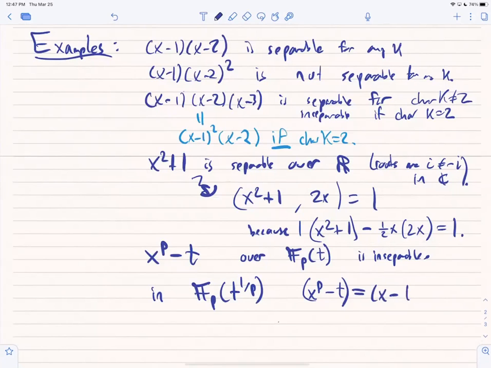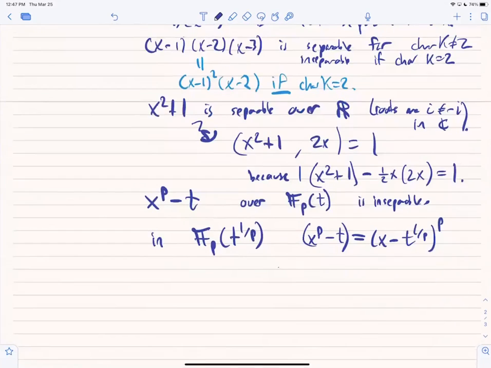This actually factors as (x minus t^(1/p)) to the p. You might complain that this doesn't look like it should be true. But this is true, and this is something special about p powers in fields of characteristic p that we're going to use multiple times today.